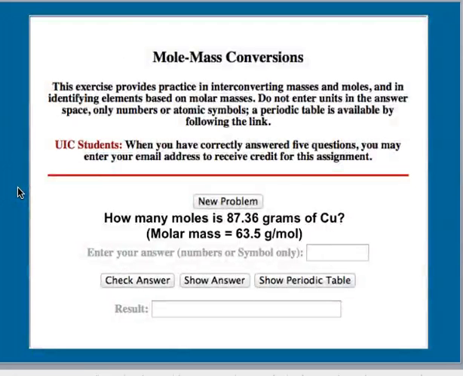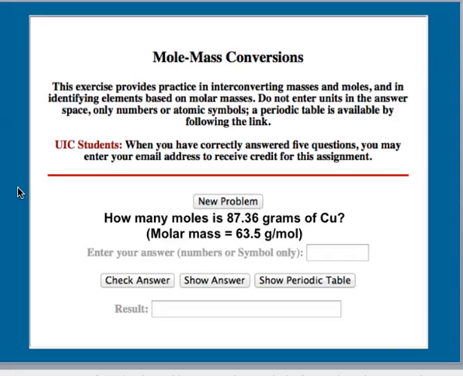So we know our molar mass. We know our mass. Now we're trying to find moles, aren't we? Let's swap this way. This way, mass divided by molar mass is moles.